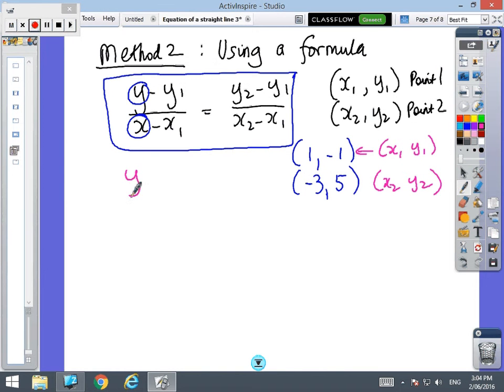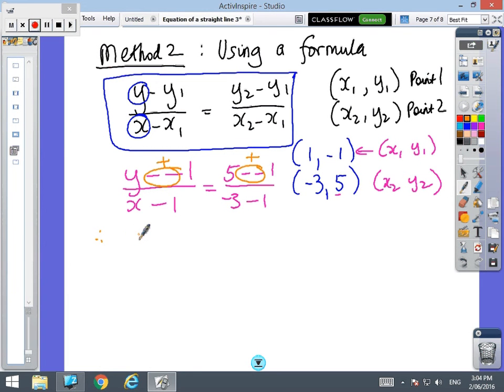So I get y minus a minus 1 over x minus 1 equals y2, that's 5, minus a minus again over x2, minus 3, minus 1. So I've got lots of minuses, but let's just be patient. Two minuses make a plus, two minuses make a plus.